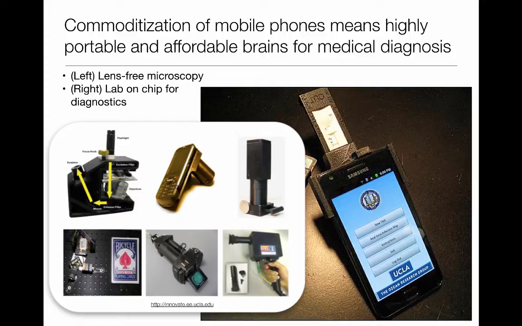Before, you might need very expensive devices to conduct those experiments, but now you can just have a relatively cheaper sensor attached to a phone and use your phone as the processing power to do those kinds of tasks.